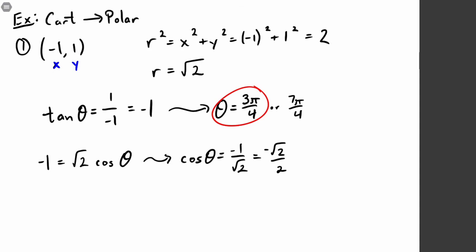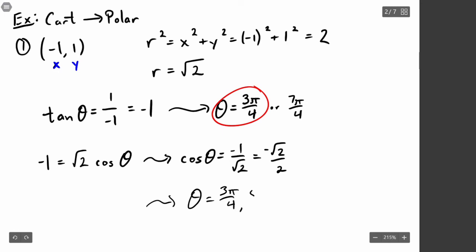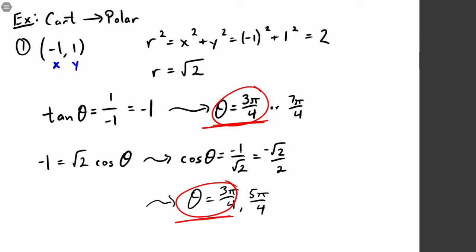What theta values could make cosine take on this value? Since cosine's negative, and this is the value of cosine pi over 4, we're left with 3 pi over 4 or 5 pi over 4, because those are where cosine is negative. And if you wanted to go this route, you look for the value that shows up in both equations.